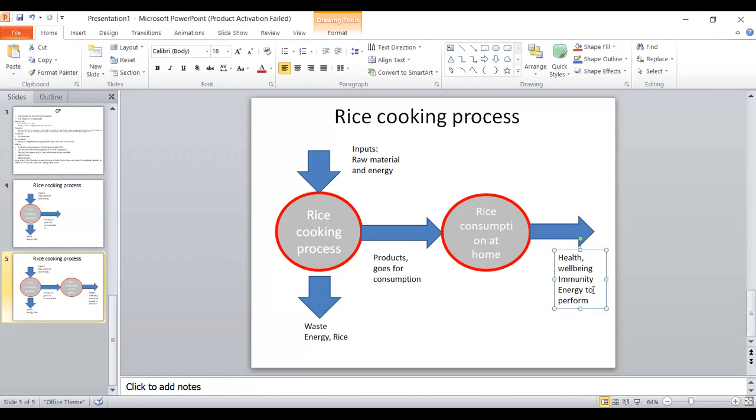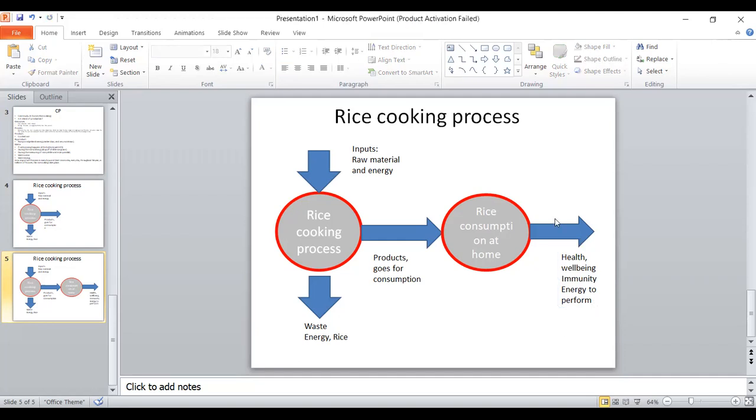It has a lot of toxins, and it is negative. Especially these days, Corona time, you should not take fried rice. Even they are using chemicals. So this is the standard rice cooking method, and this is your output.